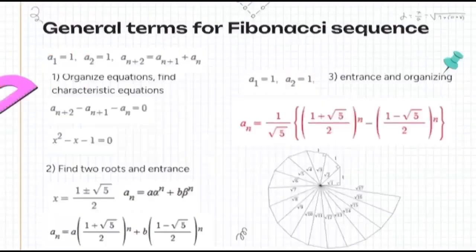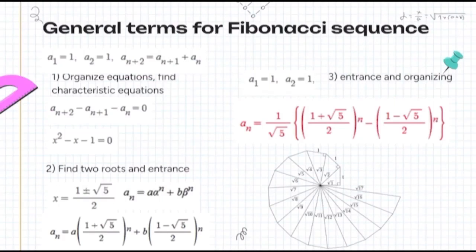Lastly, let's look at the general terms of Fibonacci sequence. The initial values are a1 is 1, a2 is 1, a(n+2) is a(n+1) plus an. First, organize this equation and find the characteristic equation as follows. Second, find two roots and insert them into the equation.